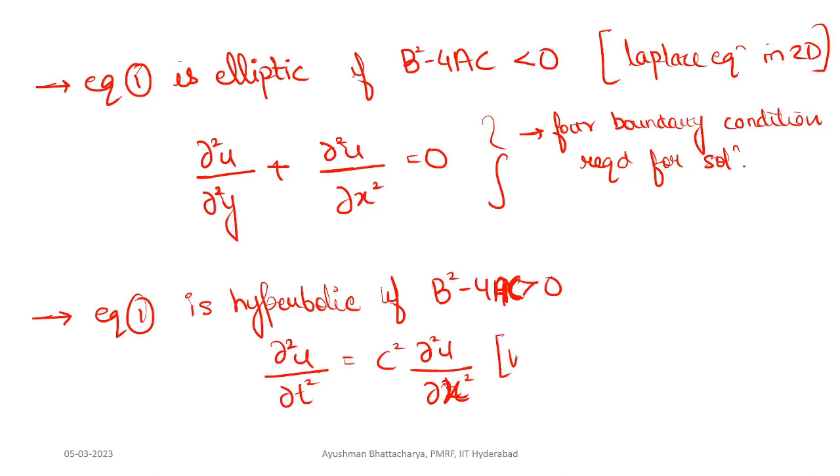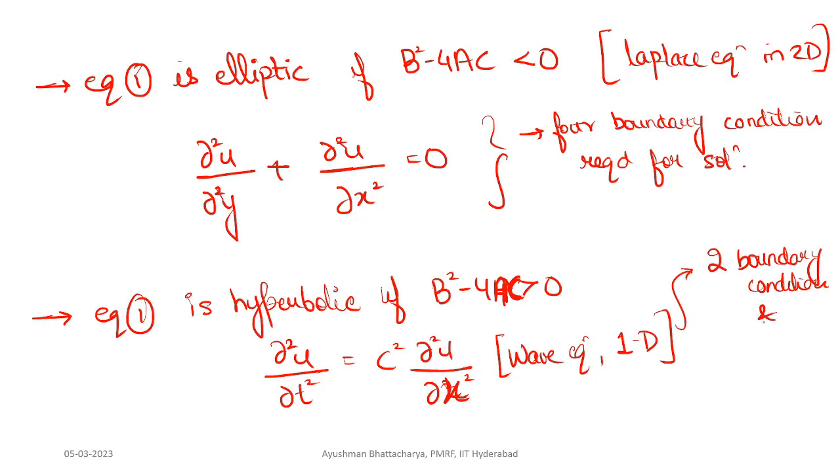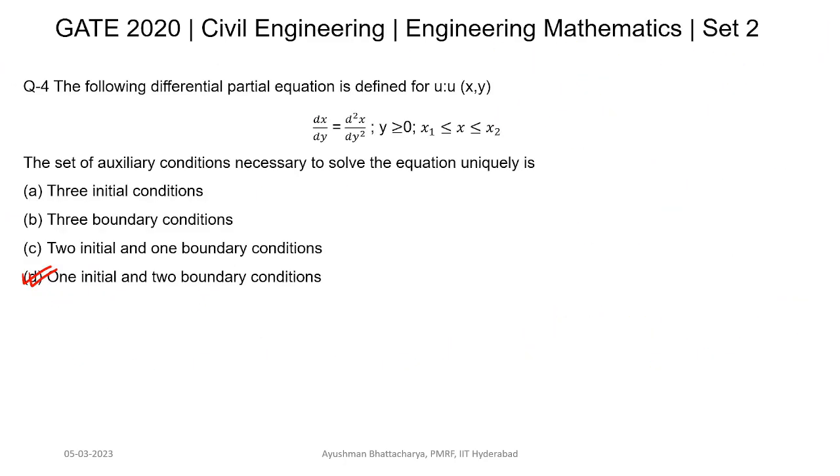So this is the 1D wave equation, which is hyperbolic. For this, we require two boundary conditions and two initial conditions for getting the solution. Okay. So I have explained everything. So in this question, option D is correct.